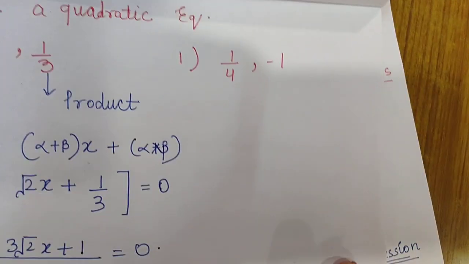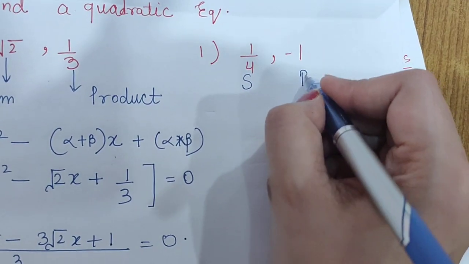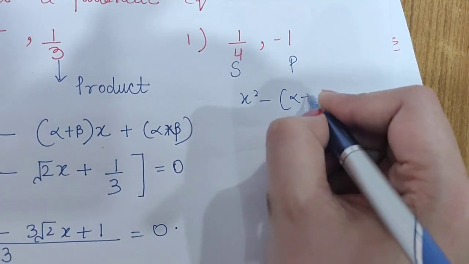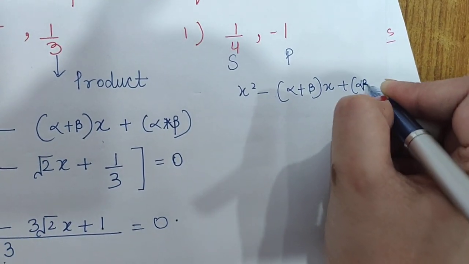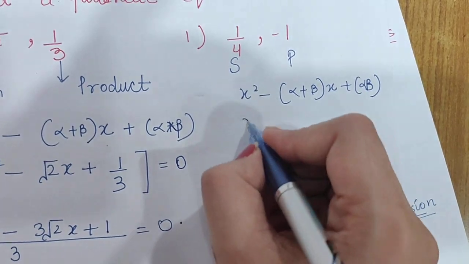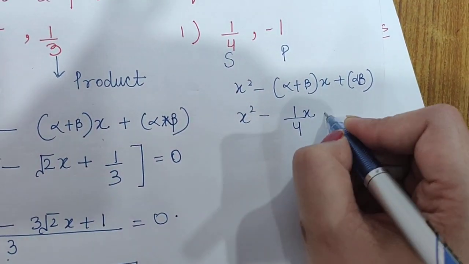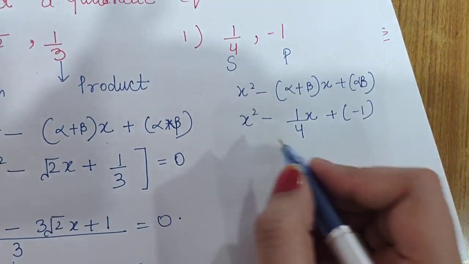I have taken the first part also. So the sum of zeros is 1 upon 4 and the product of zeros is minus 1. Write the formula. And put the values: x square minus 1 upon 4 x plus minus 1, because the product of zeros is minus 1.